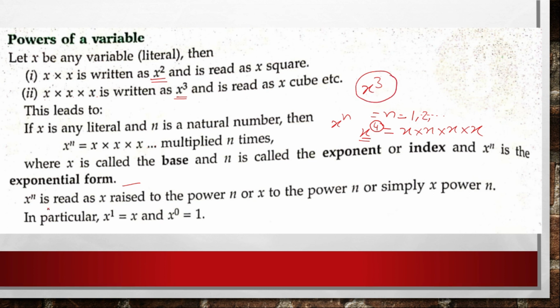It is read as x raised to the power n, or x to the power n, or simply x power n. In particular, x to the power 1 is x only. And one more important thing you need to remember: any number to the power 0, the answer will be 1.